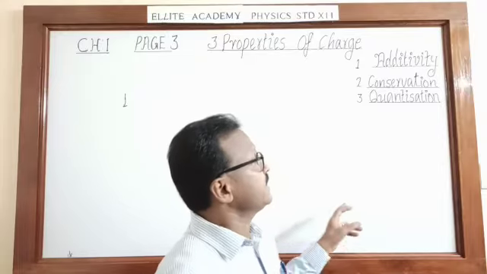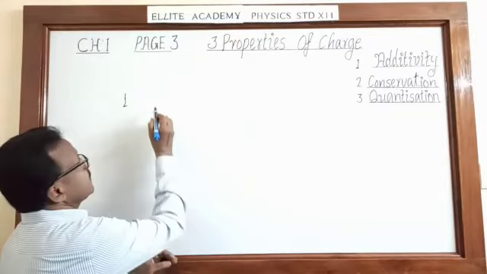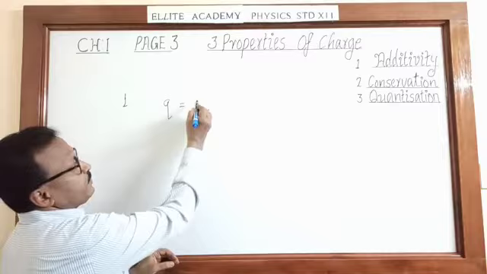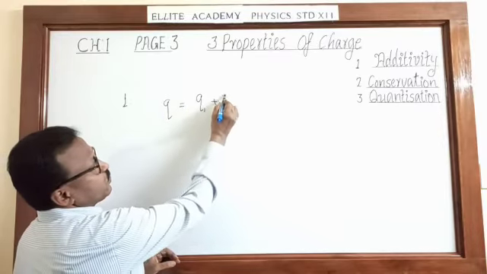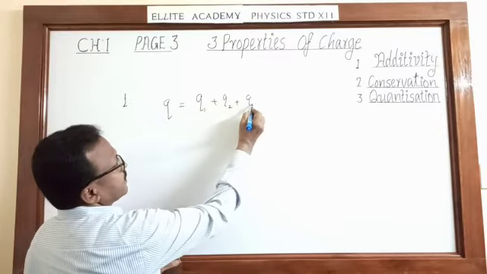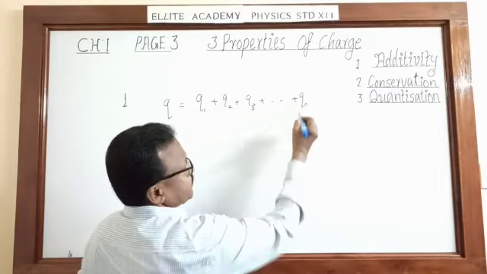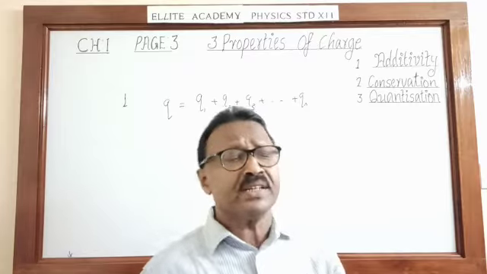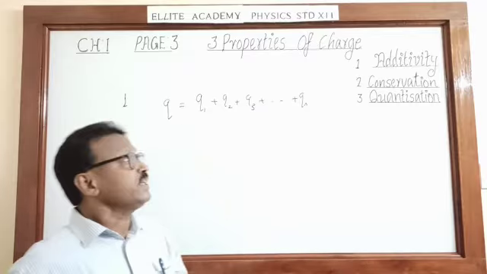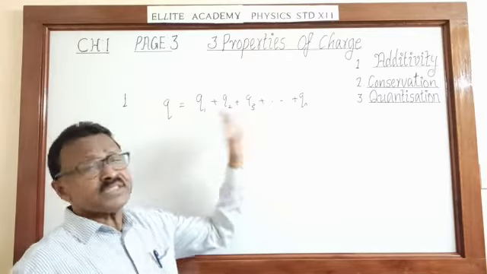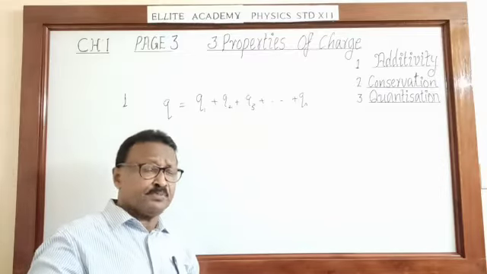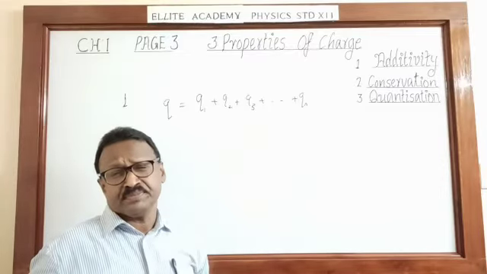So I say the charge Q on a body will be Q1 plus Q2 plus Q3 etc., up to Qn, if there are n charges. What are Q1, Q2 etc.? Charges. So many charges are on a body, make the addition by using the signs. Positive sign is plus, negative sign is minus.